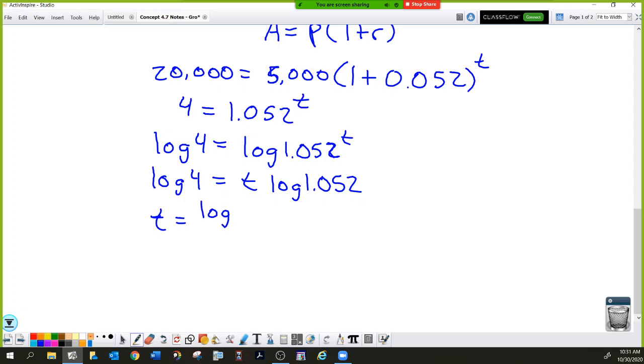Log 4 divided by log 1.052. Again, I don't know what that is, so I'll grab my calculator. I got 27.3 years.